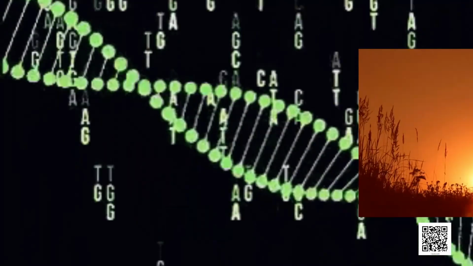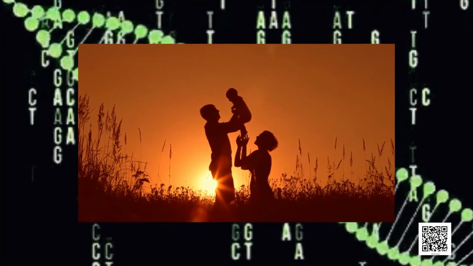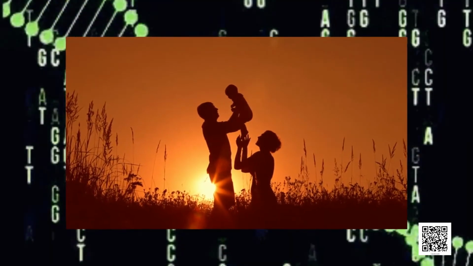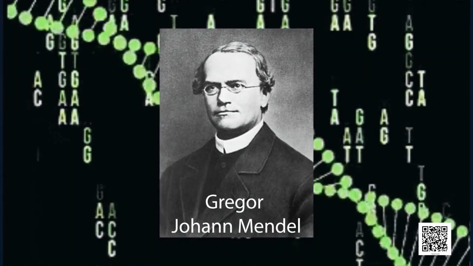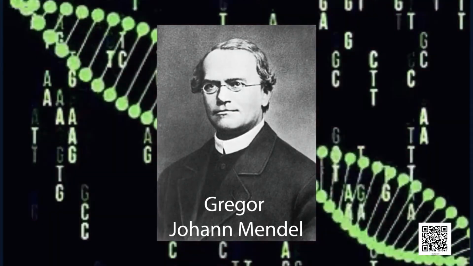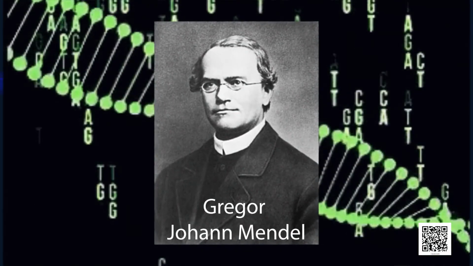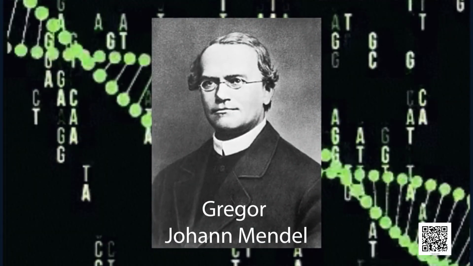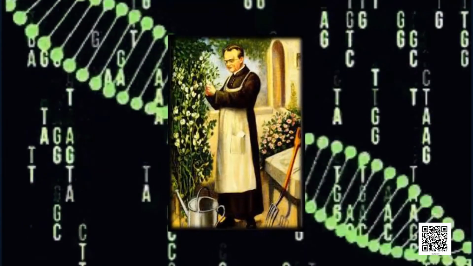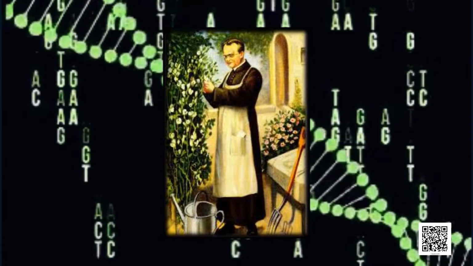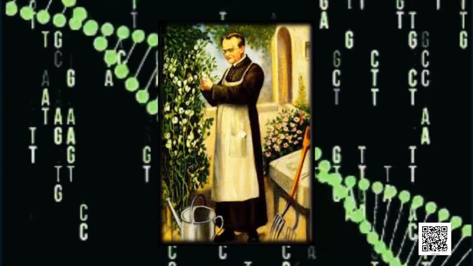To understand all this, let us study the experiments and contribution of Sir Gregor Johann Mendel in this field. Mendel, in his monastery, started growing peas and experimented on them. This helped him to arrive at the laws of inheritance.